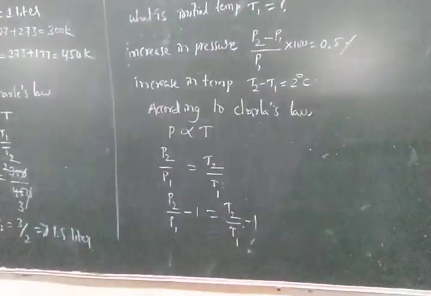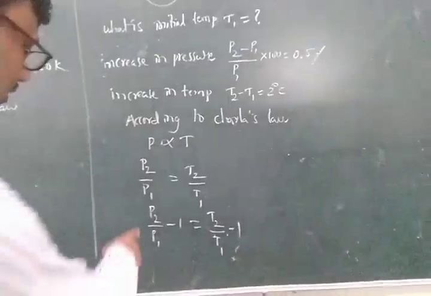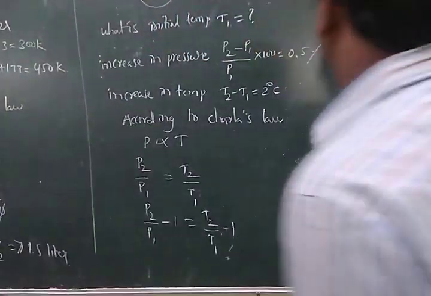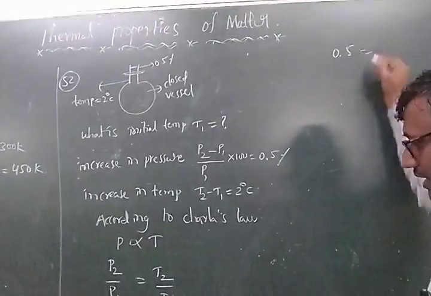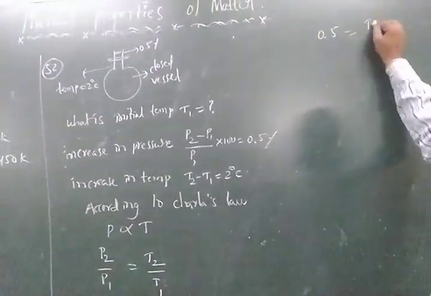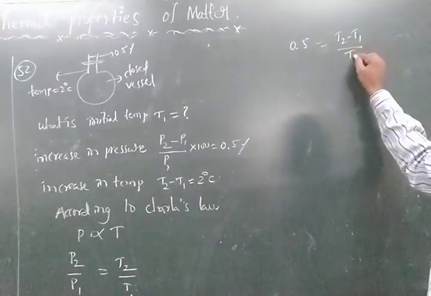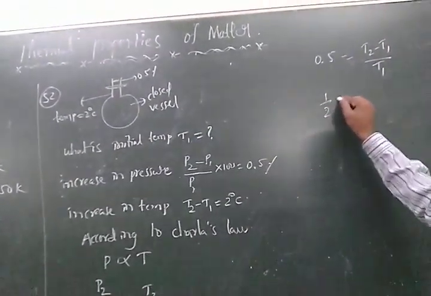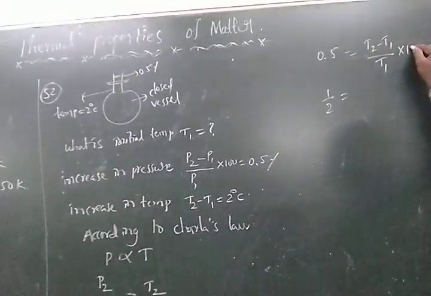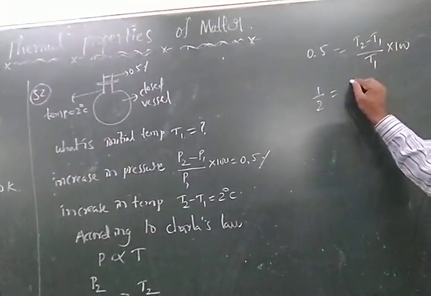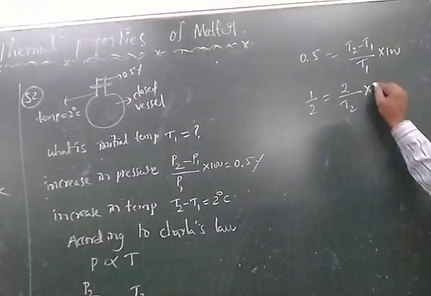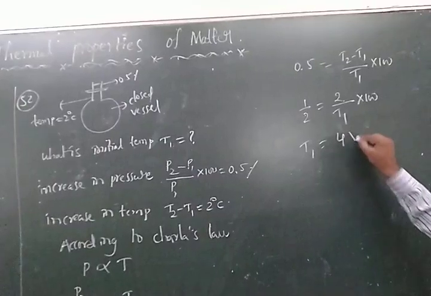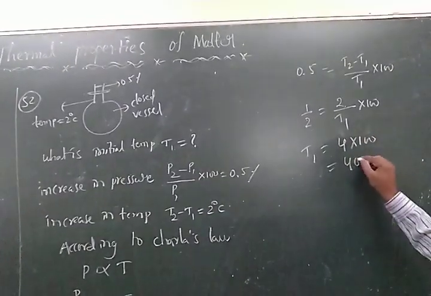Write it in percentage. The change in pressure is 0.5 percent, equal to T2 minus T1 by T1 into 100. Here T2 minus T1 is given as 2. The 0.5 can be written as 1 by 2, equal to 2 by T1 into 100. Then T1 is equal to 2 into 2, 4 into 100, that is equal to 400 Kelvin.